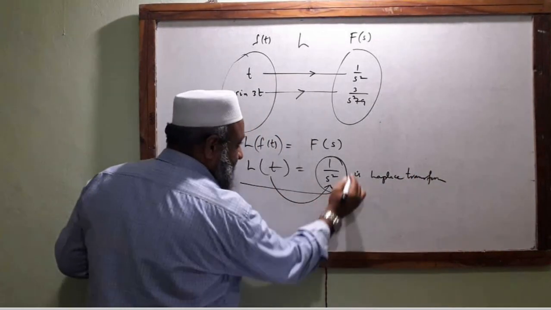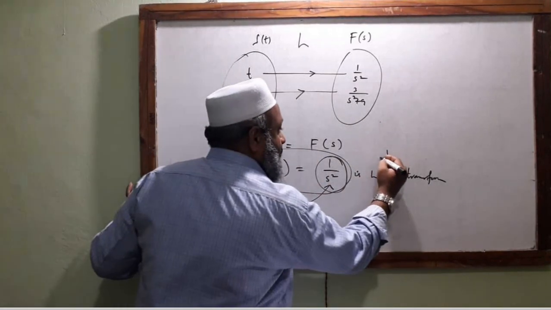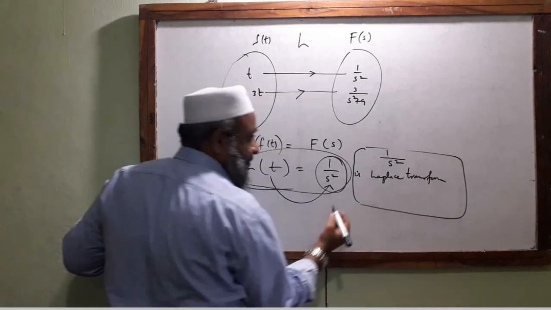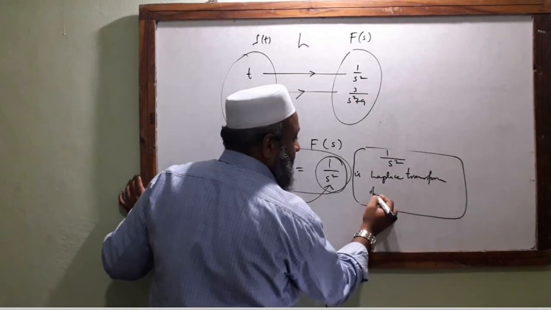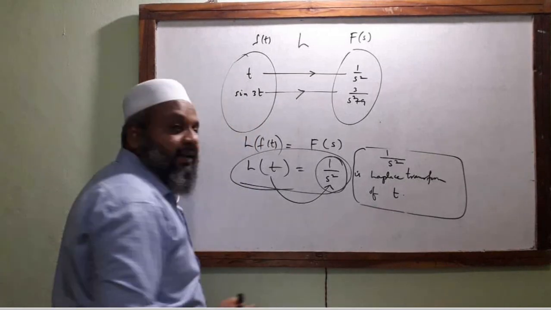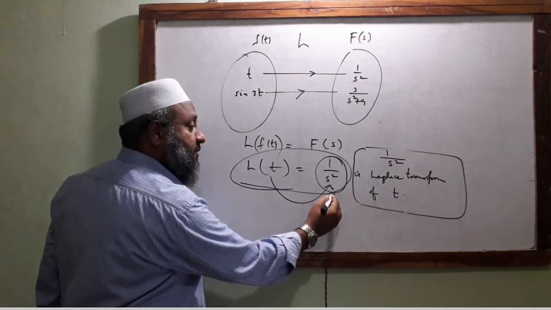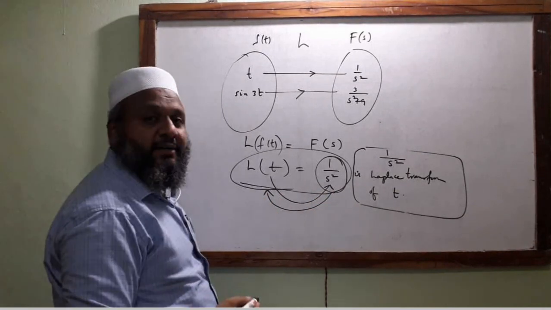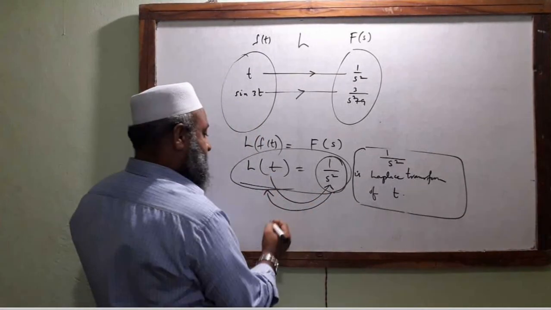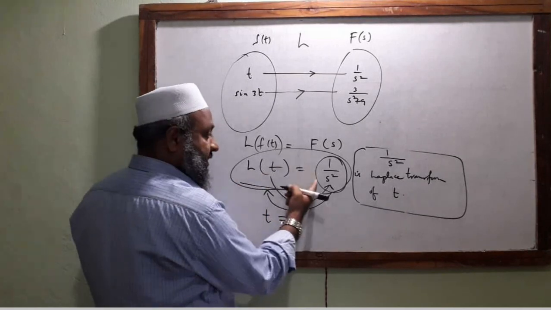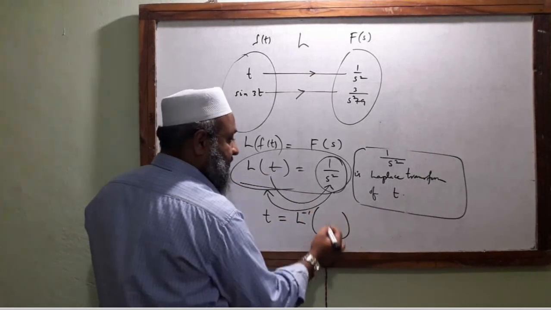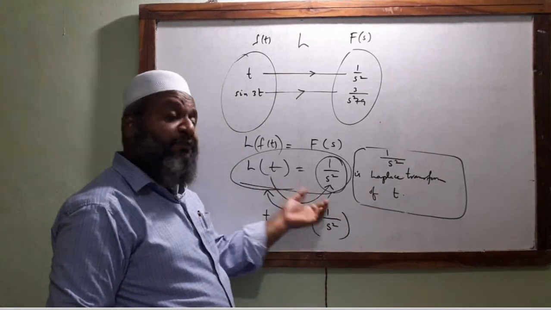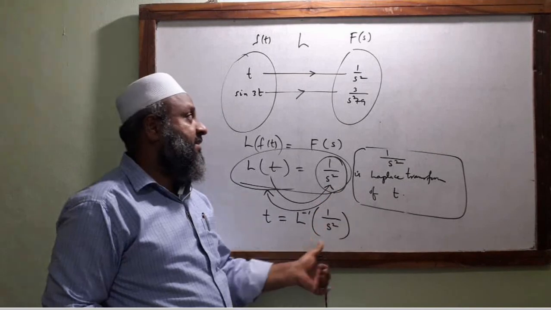From this, we say 1 by s square is the Laplace transform of t. Then the natural question comes, what is t for this one? Then we say t is nothing but L inverse of 1 by s square. So this t is the inverse Laplace transform for 1 by s square.